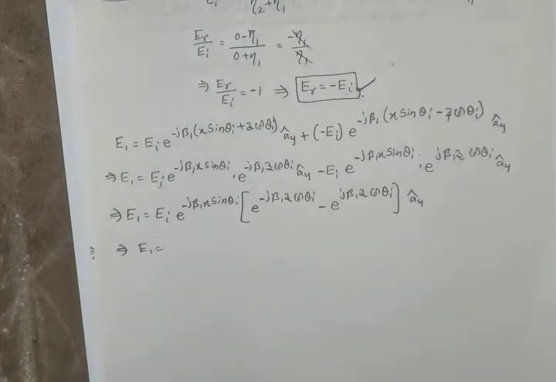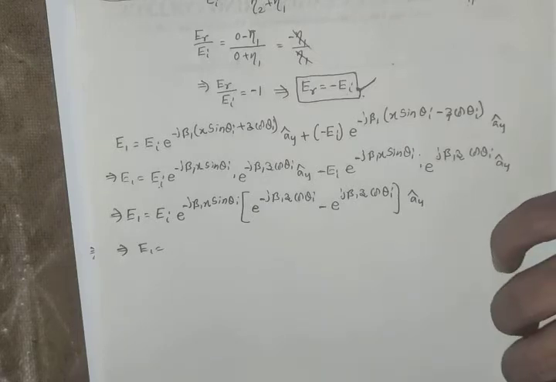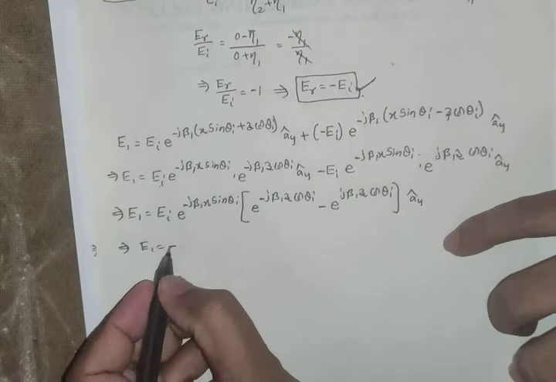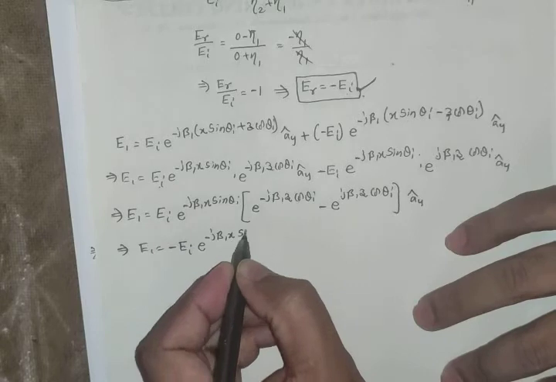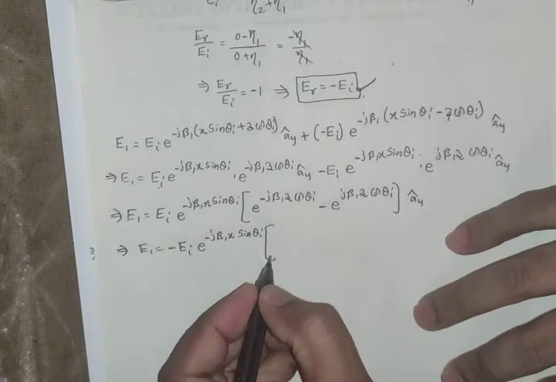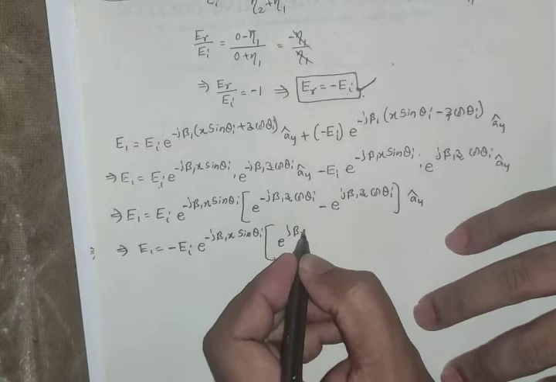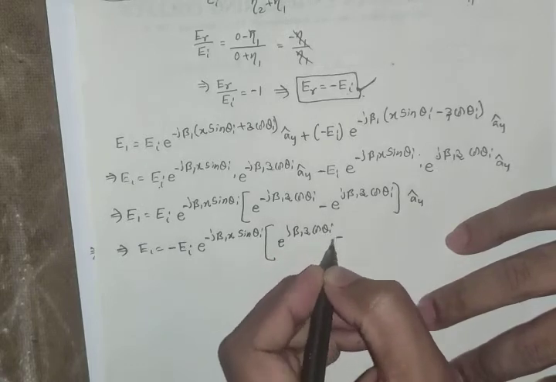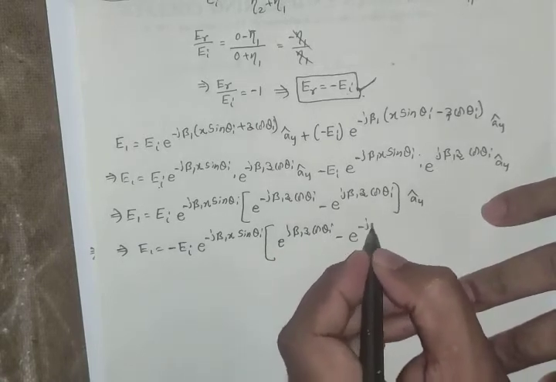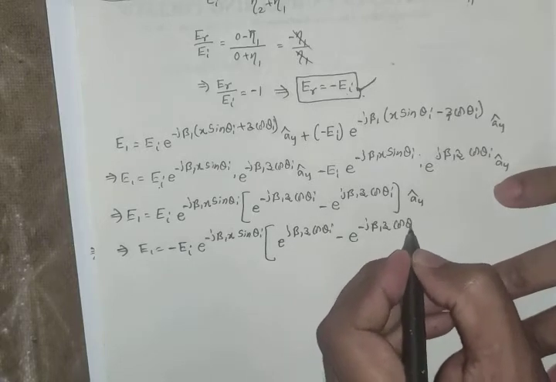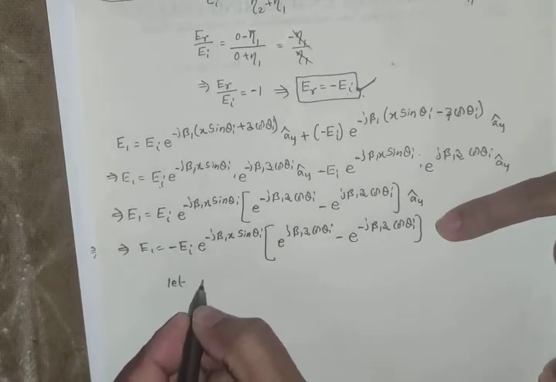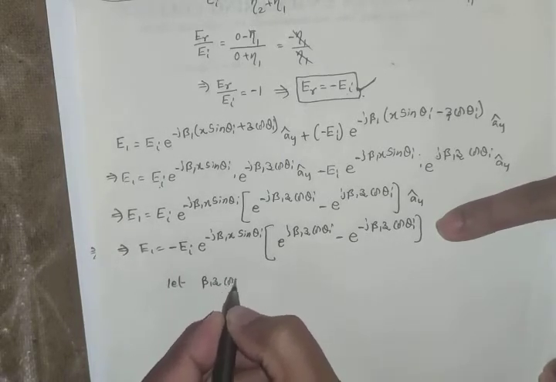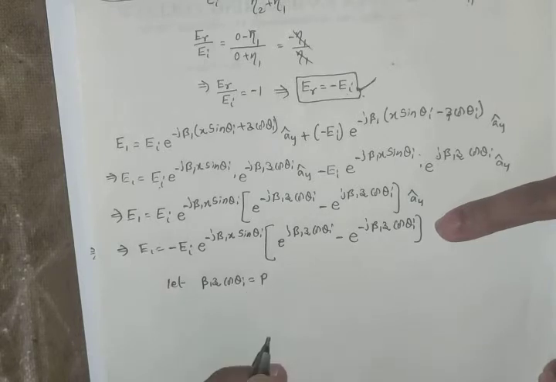So if you take the minus value common out of this entire equation, then what happens is minus Ei into e to the power of minus j beta 1x sin theta I into e to the power of j beta 1z cos theta I minus e to the power of minus j beta 1z cos theta I. In order to avoid the confusion, let beta 1z cos theta I equal p.